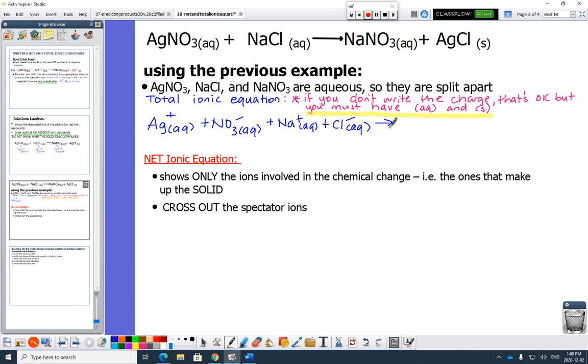Okay, and then we have sodium nitrate on the product side. It's also aqueous. But then silver chloride is not. So we keep it together. The solid is solid, plus minus, together.